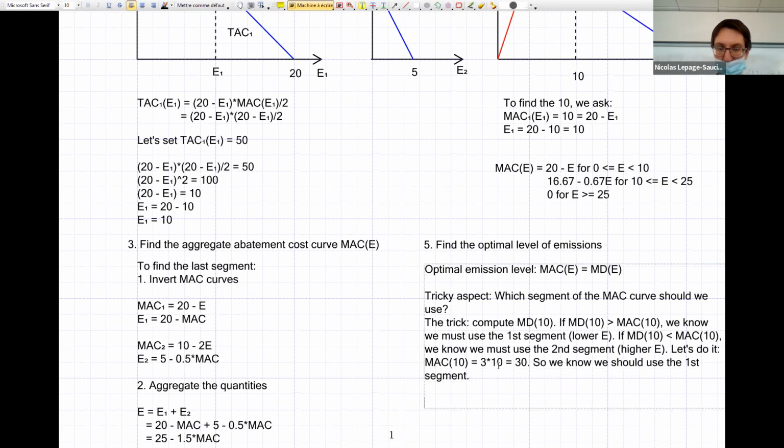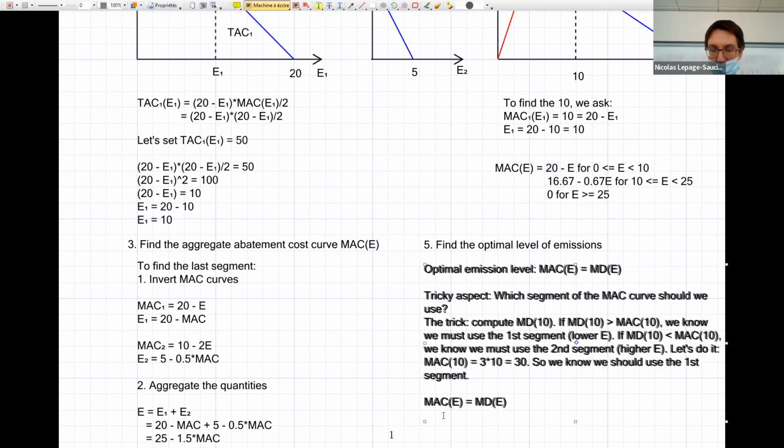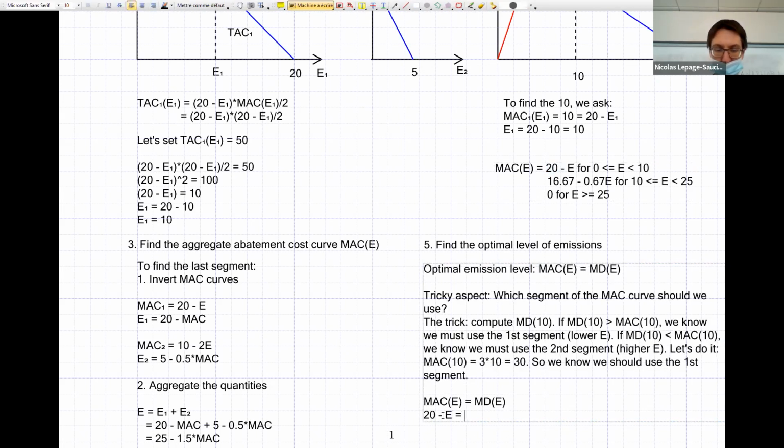So MAC equals MD. Here, this is this segment there, 20 minus E equals 3E.